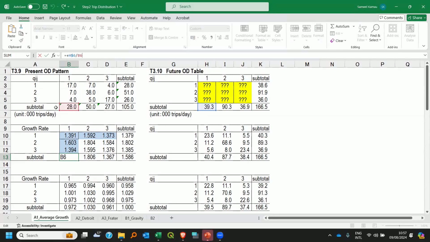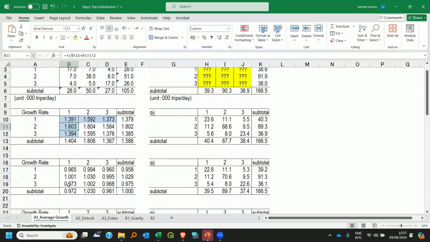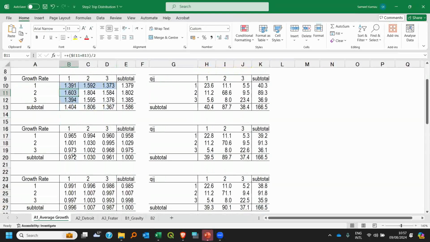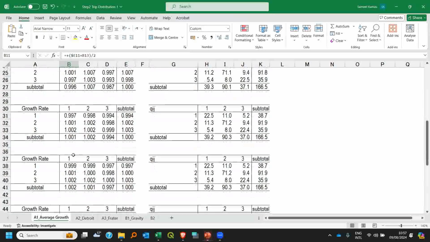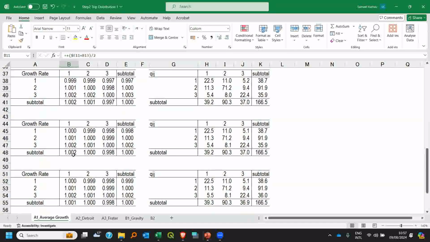The growth ratio for the OD tables is developed, and the calculation is repeated until the adjustment value is nearly 1. Such kind of repeated calculation, right?